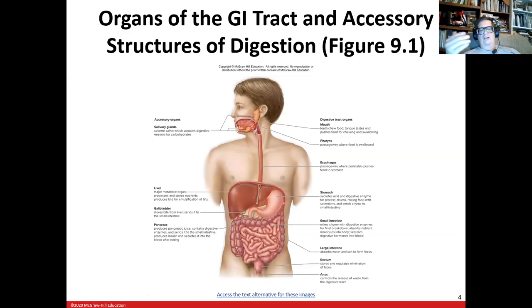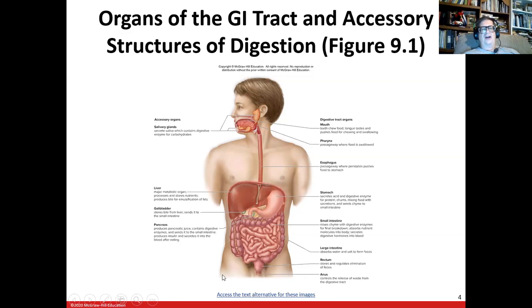Anyway, but you have a large intestine, the colon, and it has those parts. Then you have the rectum. Rectus is Latin for straight. This is that little part right at the end that's a straight shot out of the body, the rectum. And then the anus, which actually controls the passage of feces out of the body. Anyway, so those are the digestive tract organs.